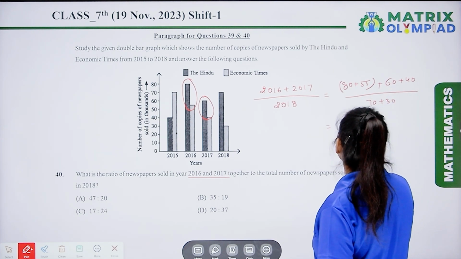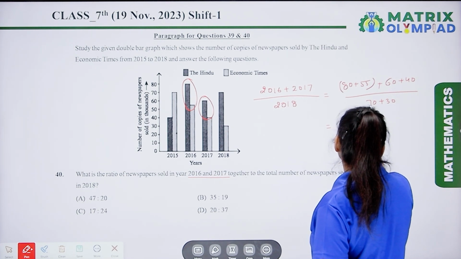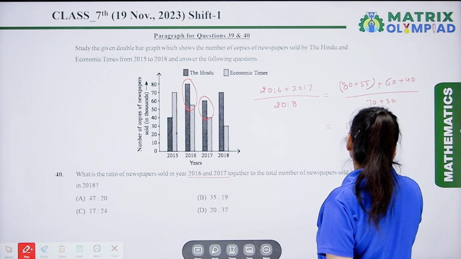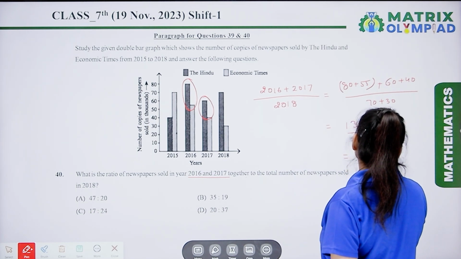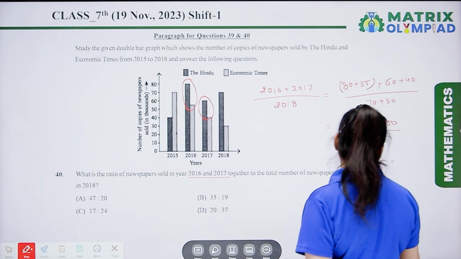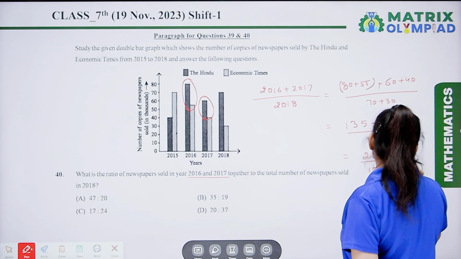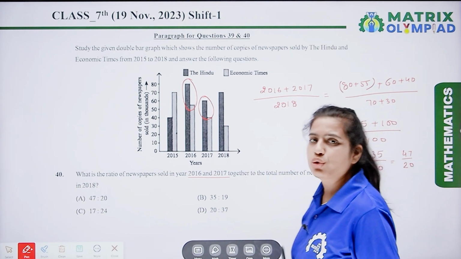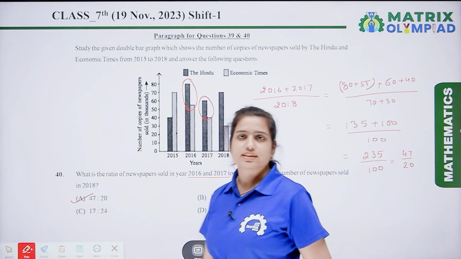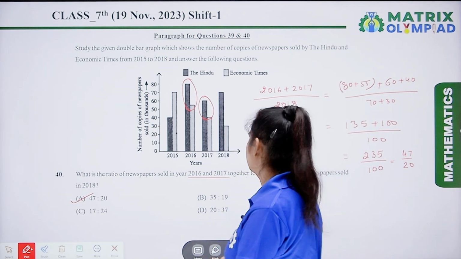Let's calculate. 135 plus 100 upon 100. So here 235 upon 100, which gives us 47 upon 20. It means 47 ratio 20 is the correct answer. So out of these four options, option A is the correct answer.